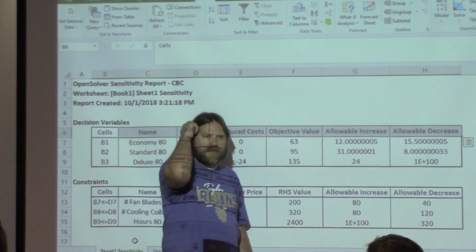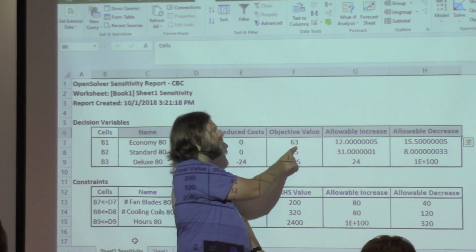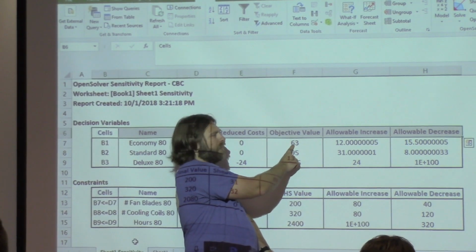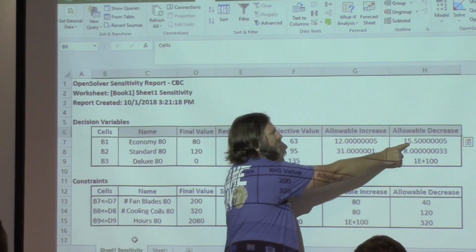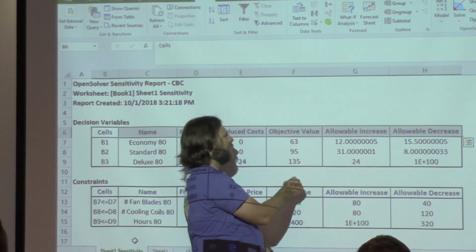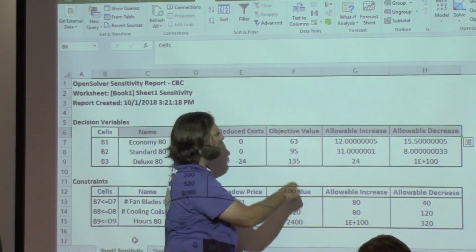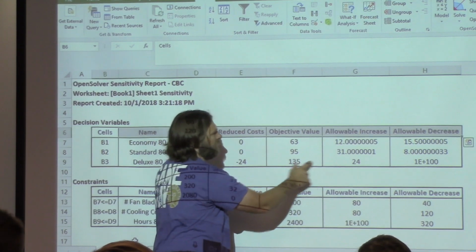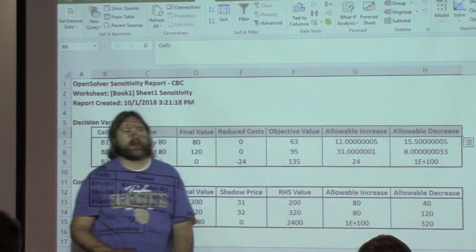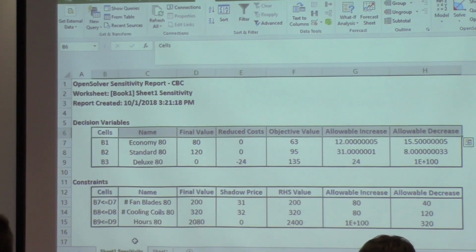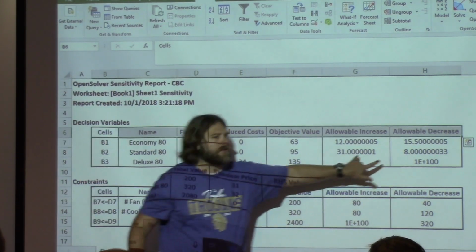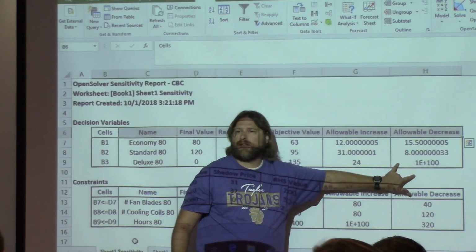So as long as the coefficient is between 51 and 78.5, I've just added these values here, or this one is between 64 and 103, and this one is less than 159, there's no change in the optimal solution. We only would change the optimal solution if we went outside of these ranges right here.